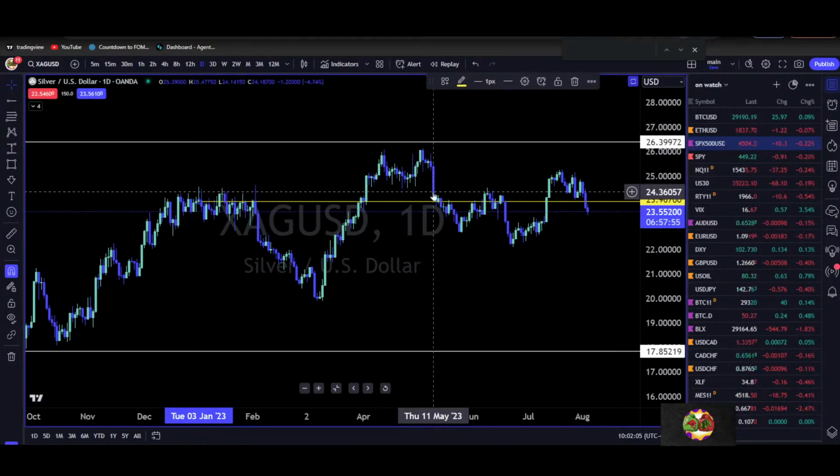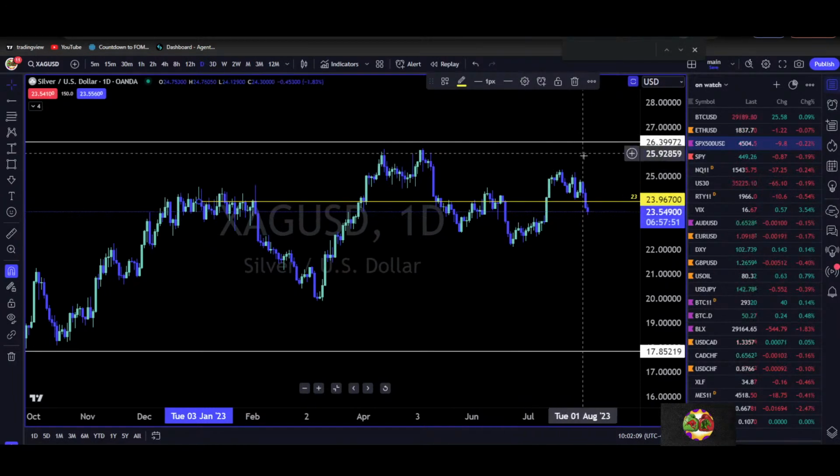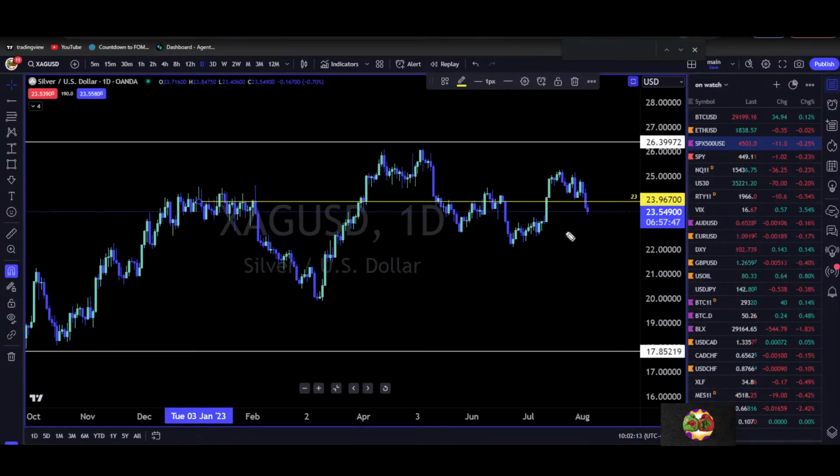And now what have you done? Well, you did finally make a higher high. So is this going to be a new higher low, higher high sequence? Well, it needs to find support before this. So maybe here it finds support. I don't know if it will, but that's where I'd look for support to start at least.